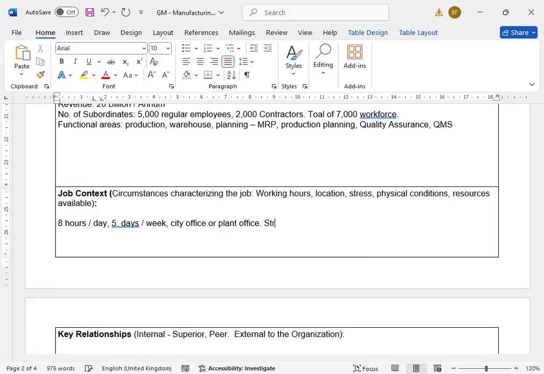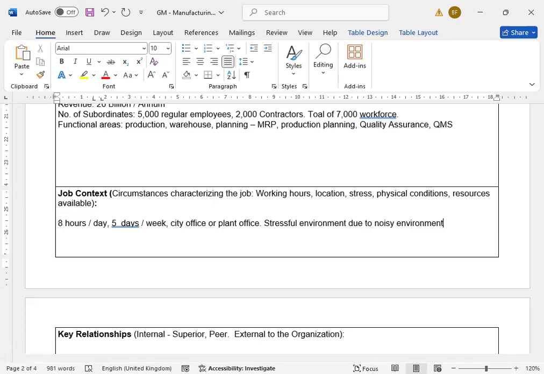And I would say a stressful environment. Why? Maybe due to a noisy environment, because of the machinery and equipment running 24 hours a day.